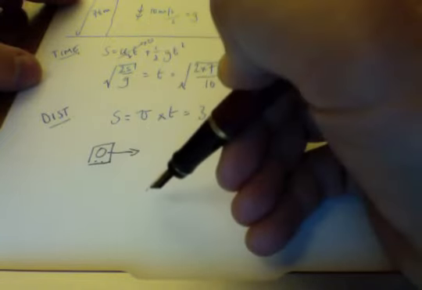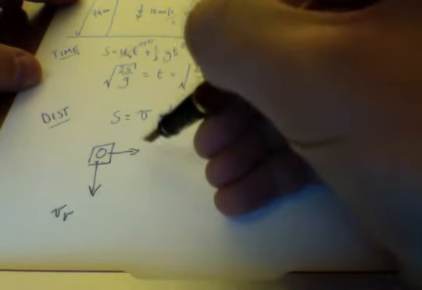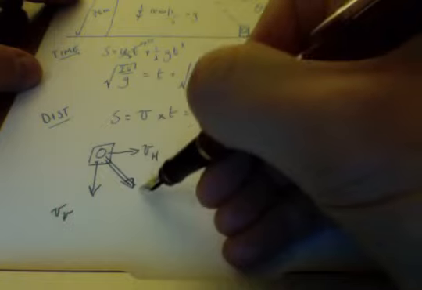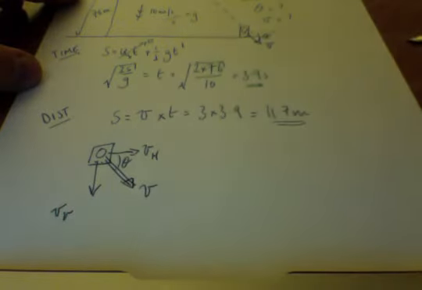Okay, then to solve that, first of all, we need to work out its horizontal velocity, its vertical velocity, and then we'll do a bit of Pythagoras to work out its actual speed and the angle at which it was travelling when it hit the ground.